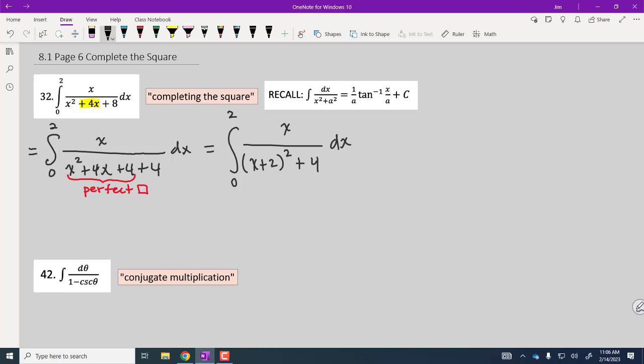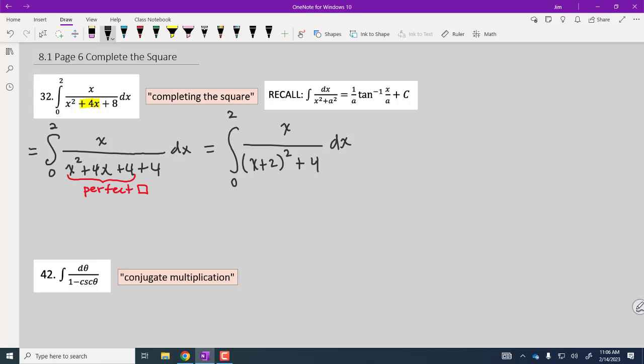Okay, starting to take shape. What do you think we should do next? It'd be really nice in the denominator. So the denominator right now, we've got this extra x plus 2 in here.